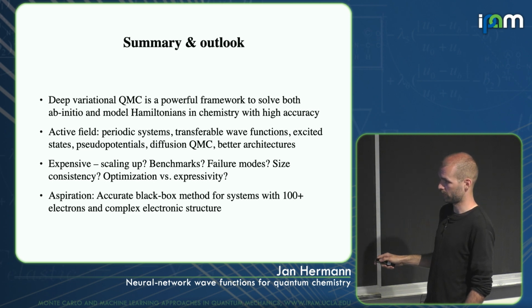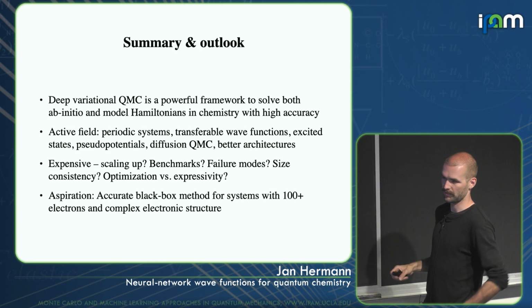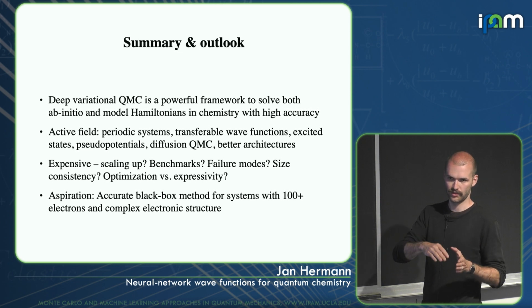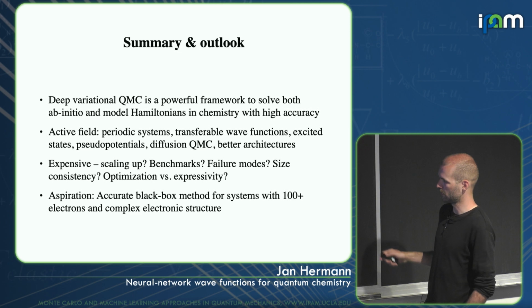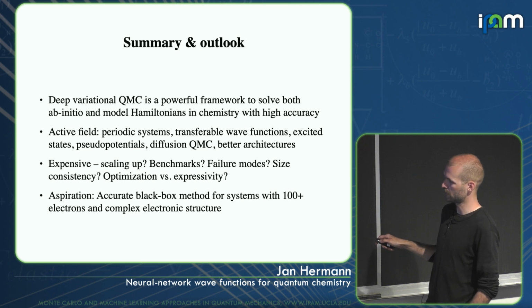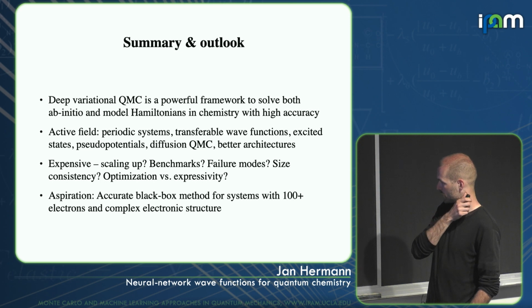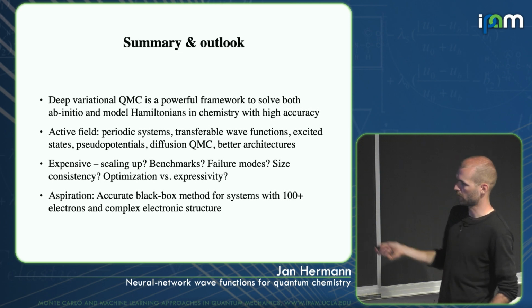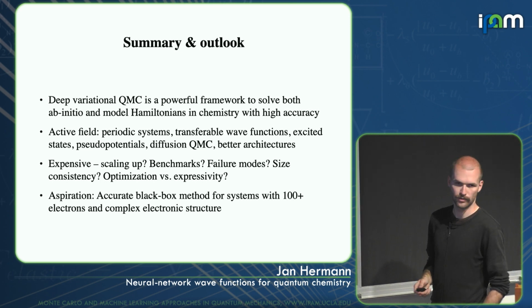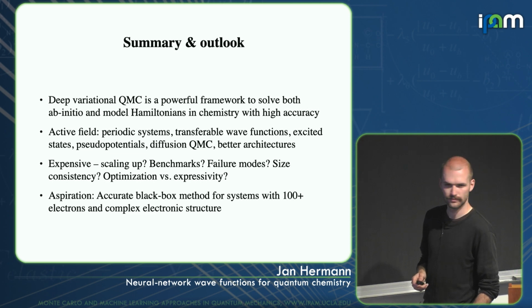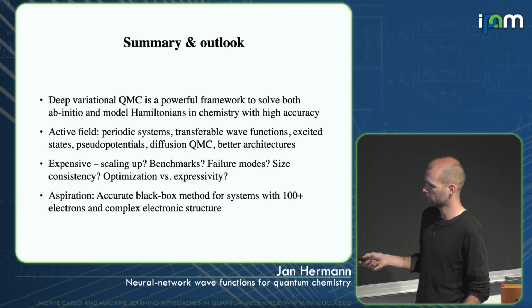From these original 2 papers that I was mentioning, we now have extensions to periodic systems. We have attempts at making transferable wave functions that apply to multiple different geometries of molecules. We have extensions to excited states, work on potentials and diffusion QMC, and people are working on better architectures. Michael will be talking about that on Friday, I think.